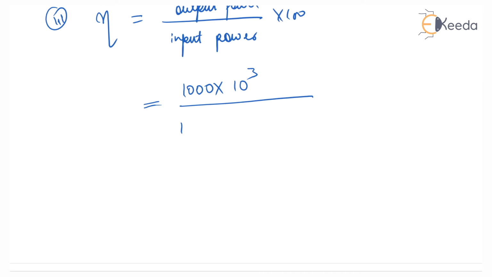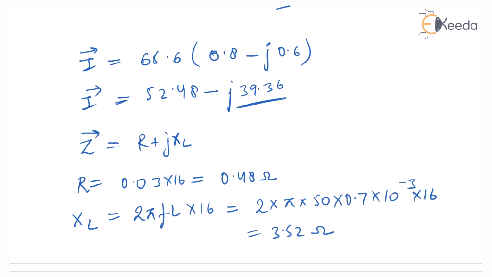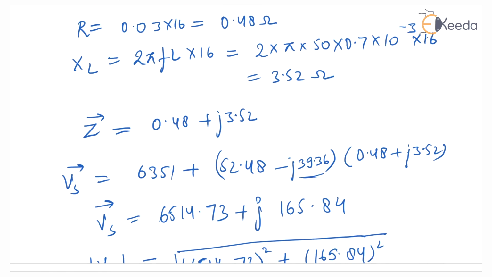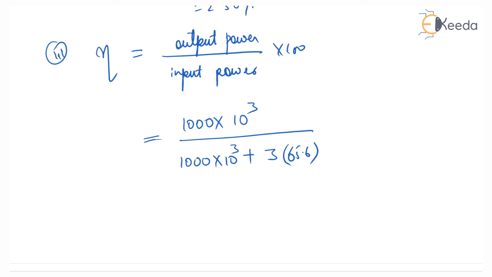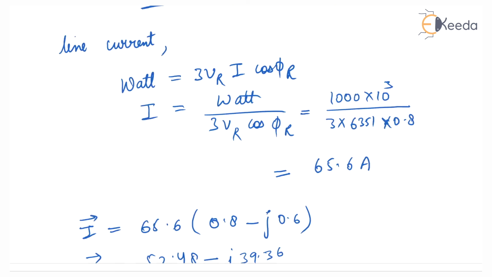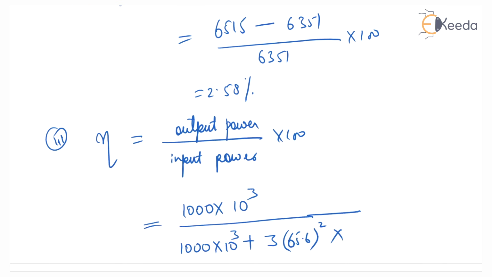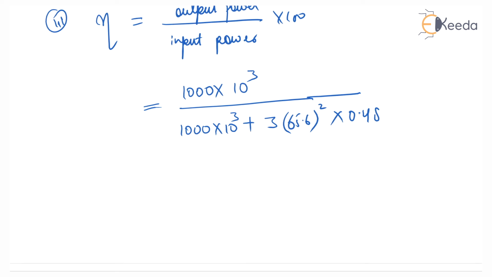Input power is equal to output power plus line losses. For three-phase power, line loss is 3 I square R, where I is 65.6 squared and R is 0.48. So this is equal to 99.38%. Thank you.